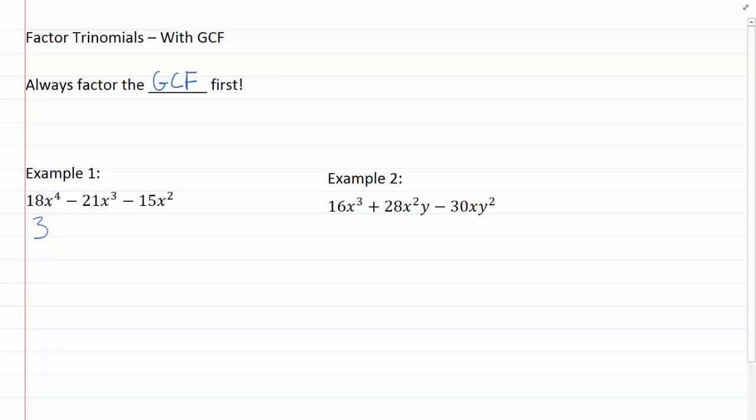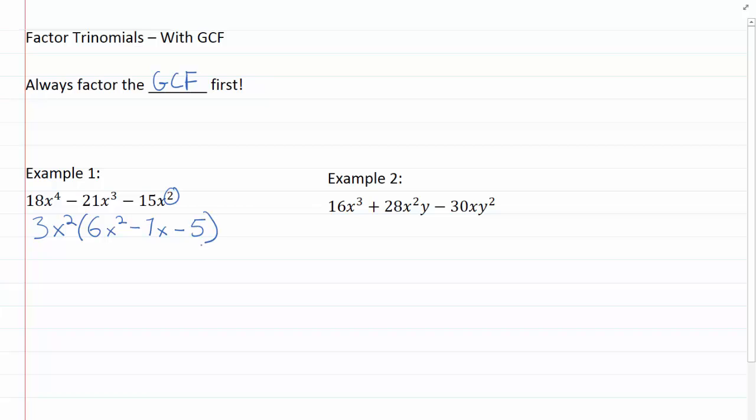And our trick with variables is that we want to take the lowest exponent to be in our GCF. So that's going to be x squared. So I want to divide that out of each of our terms, and we're going to be left with 6x squared minus 7x minus 5.